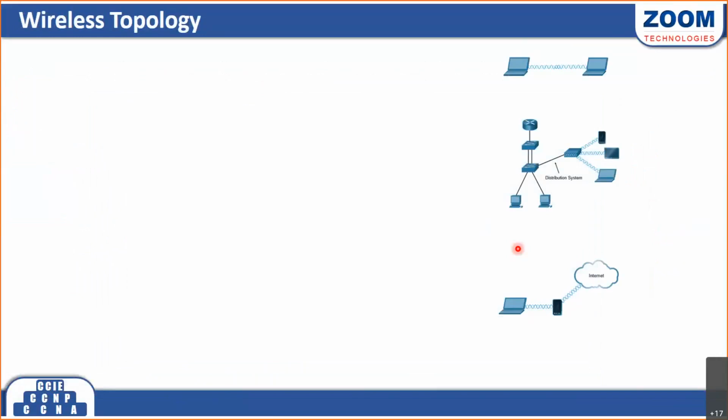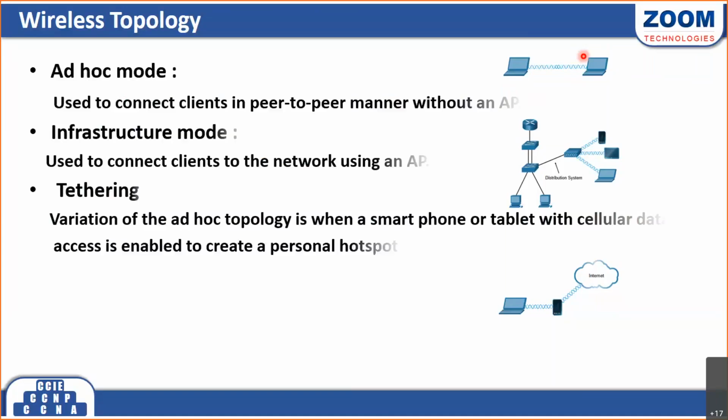Now, wireless topologies. In WAN topologies, we have seen hub and spoke topology, full mesh topology, partial mesh topology. So here in wireless, one device connects to another device directly, like your laptop and your friend's laptop. Like in the first figure, two devices are directly connected without any device. So this is ad hoc mode, used to connect clients in a peer-to-peer manner without an access point.